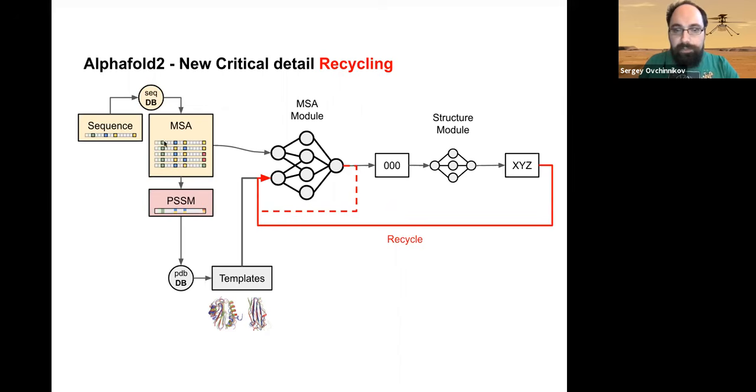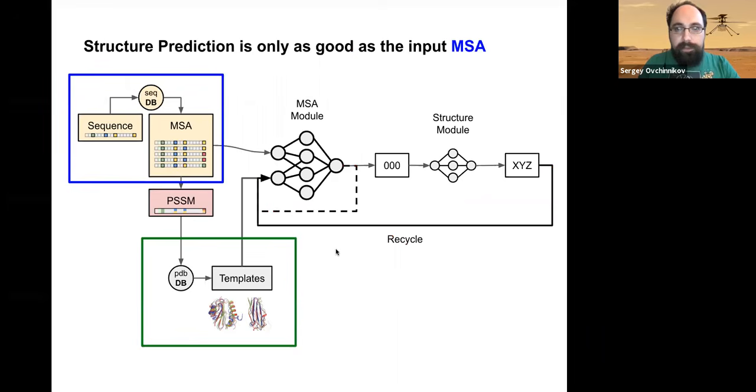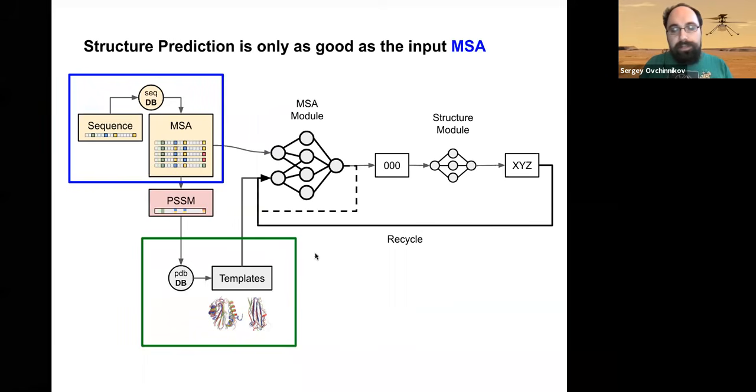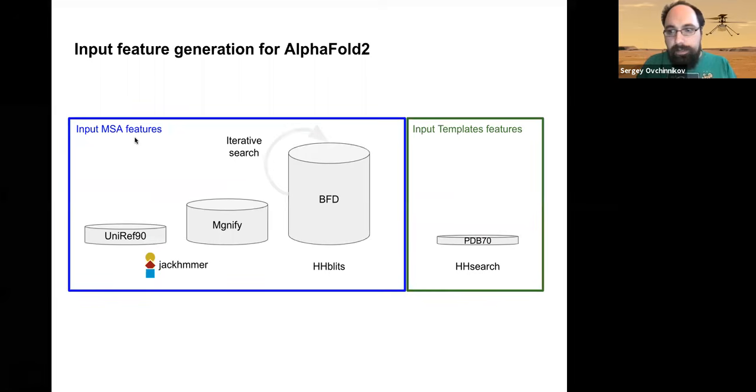But the big picture is that you're still depending on the MSA and templates. What we're trying to get at in this presentation is that the predictions or structures will only be as good as the input information. It turns out the template information doesn't play as big a role; it's mostly coming from the MSA. And with that, I will let Martin take over.